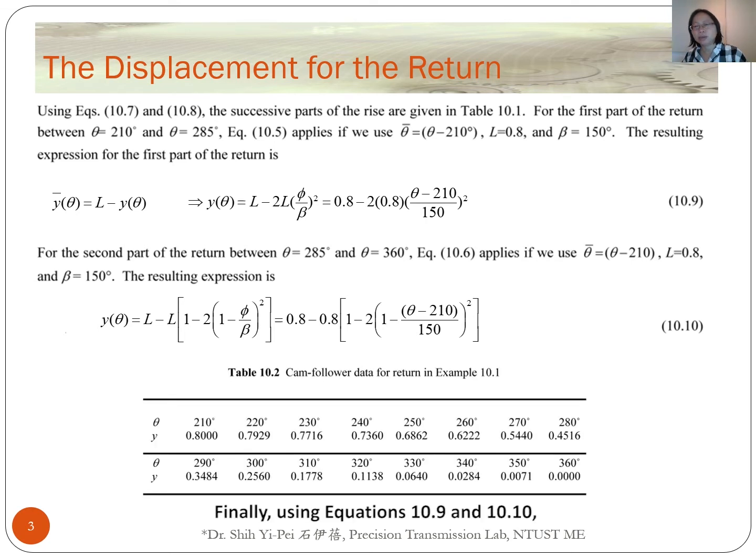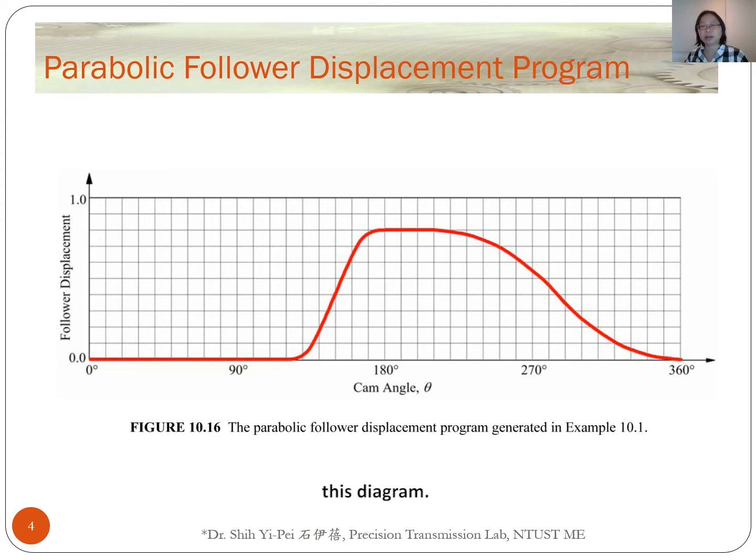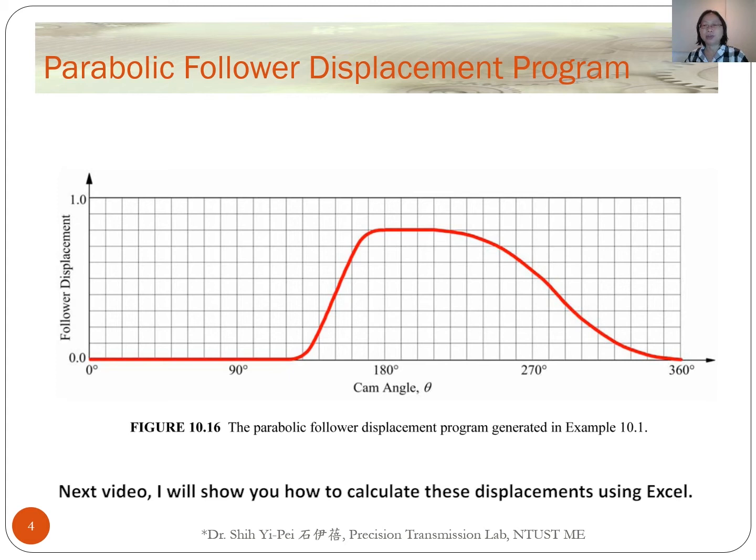Finally, using equations 10.9 and 10.10, points on the return interval are given in table 10.2. The resulting transition curves for the rise and return intervals are plotted in this diagram. In the next video, I will show you how to calculate this displacement using Excel.